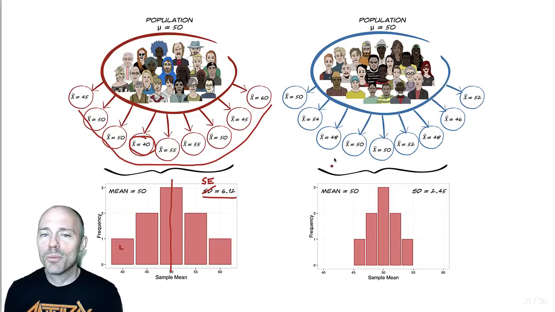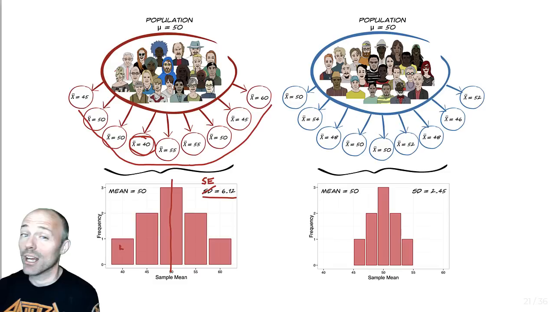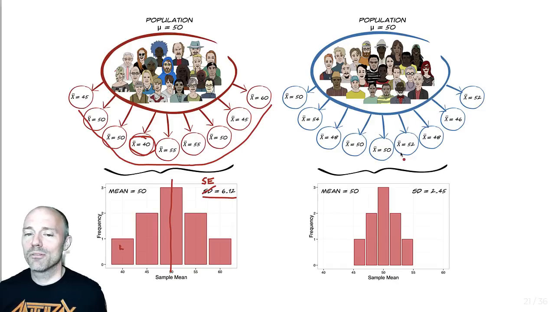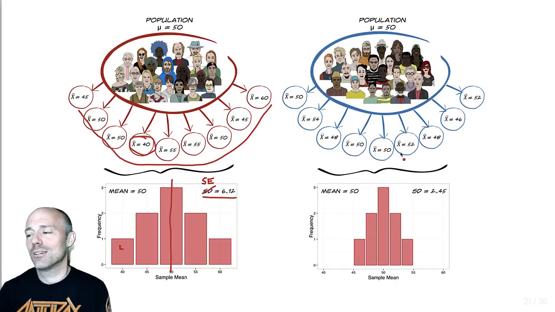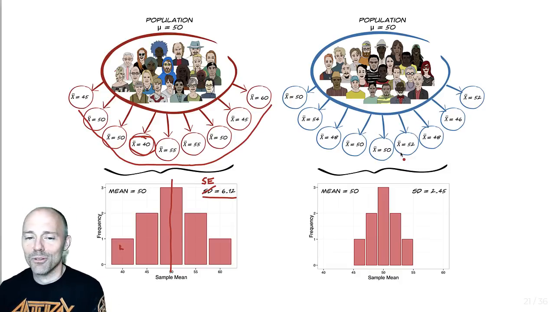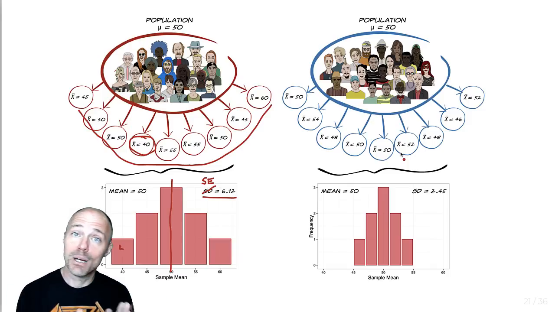Now let's look at our blue population. We can compare these because it's the same scenario. The mean in the population is 50, but we've got different estimates in our blue samples. Our first sample gives us an estimate of 50, the next one 54, 48, 50, and so forth. Again, we plot these in a frequency distribution, and by comparing the two frequency distributions at the bottom, you can see that on the right hand side, the distribution is much narrower.